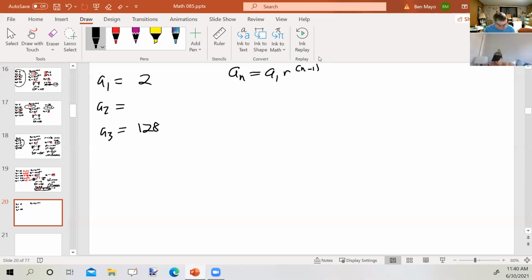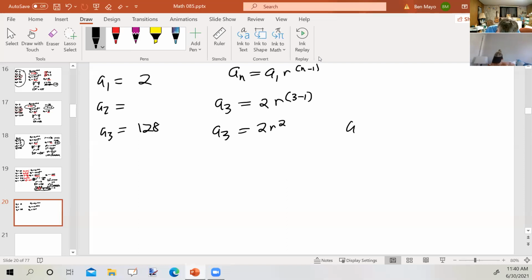Well, let's see here. I know that a sub 3 equals a sub 1 times r to the 3 minus 1 power. So a sub 3 equals 2r squared.